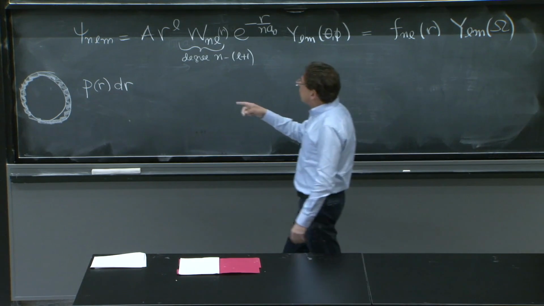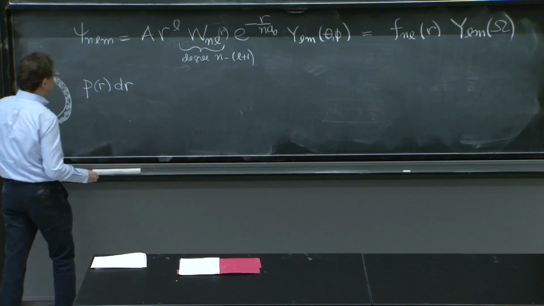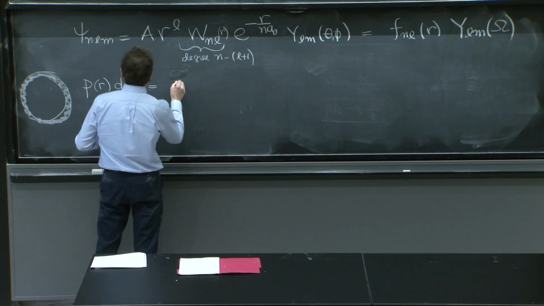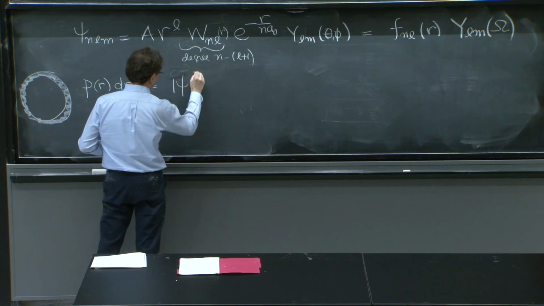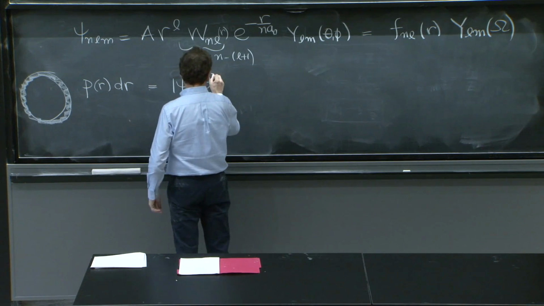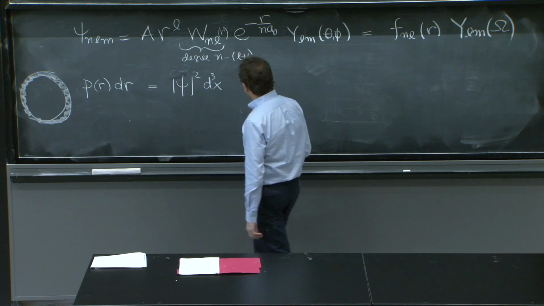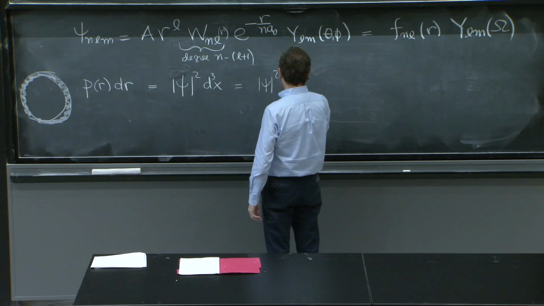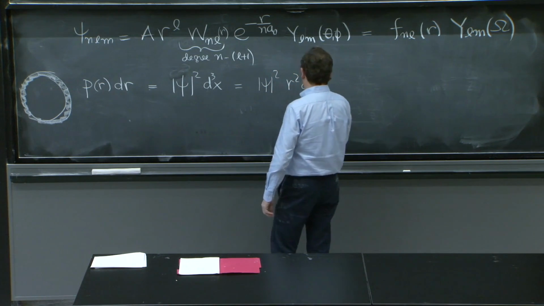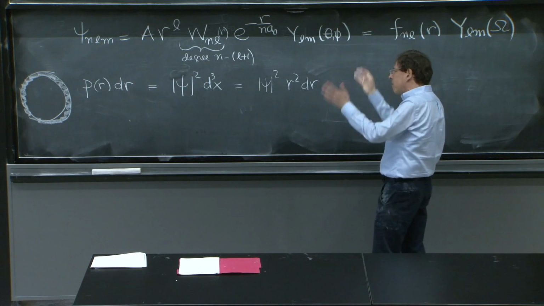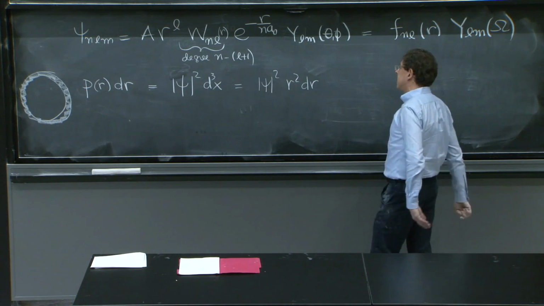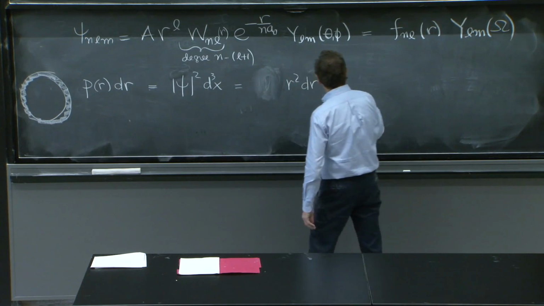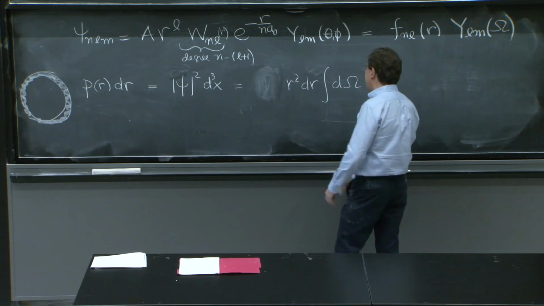So the probability to find the electron in this shell must be equal to the value of the wave function squared times the volume element. And the volume element here is psi squared r squared dr times, you would say 4 pi, but it's not spherically symmetric. So you have to integrate over solid angle.